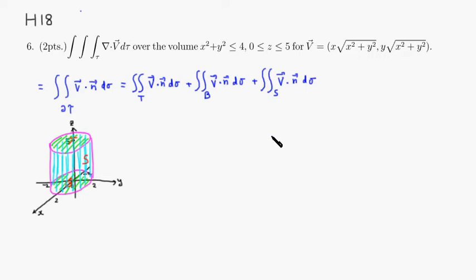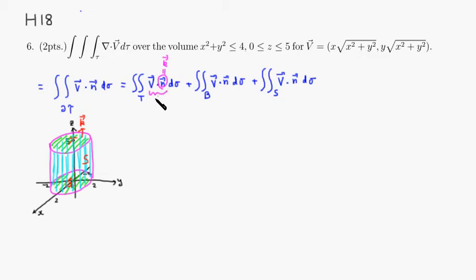All right, then we notice that here v has only an x component and a y component, and the outer normal vector on top is just the k vector. But k is 0, 0, 1. So if you take the dot product with v, it's going to be 0 because there's no z component.